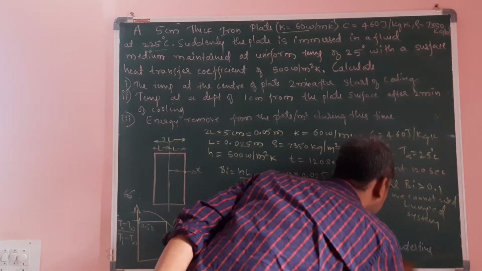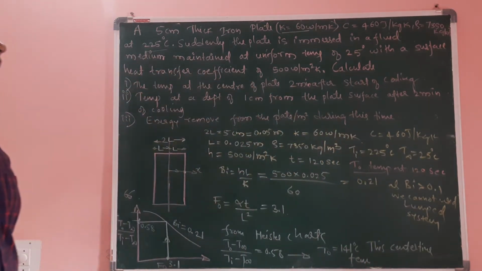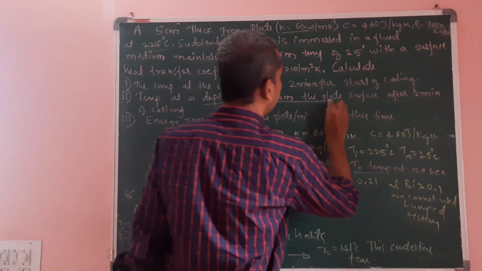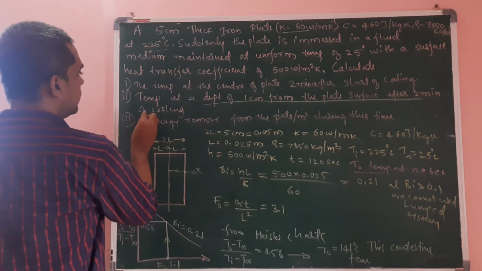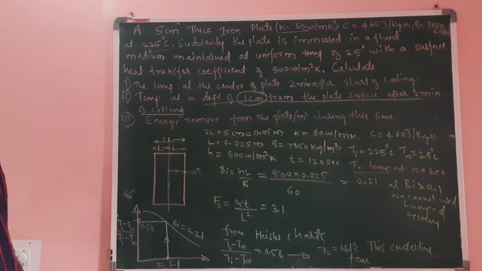Center line temperature at time t equal to 120 seconds. Now what we have to calculate is the temperature after 2 minutes at a depth of 1 centimeter from the surface. That is very important.